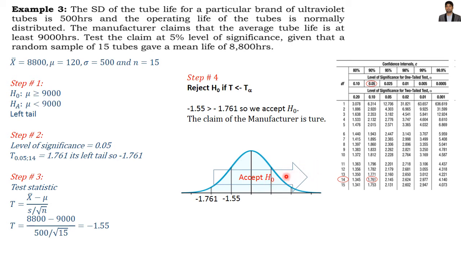And if it falls outside this area, the claim of the manufacturer is false. So minus 1.55 clearly falls in the region. So we accept H naught and the claim of the company manufacturer is true.